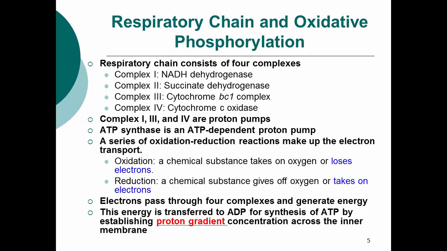And complex 2 is basically localized inside of the mitochondrial matrix. It's not on the membrane. So complex 2 is not able to generate a proton gradient, not able to generate energy, right? So again, only 1, 3, and 4 are able to generate energy because of the proton pump.